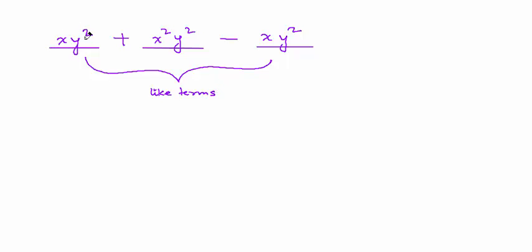On each term, the constant number that is multiplied with the variables is called the coefficient of that variable or that term. So if we have a 2 here with a negative sign before it, we would say the coefficient of xy square on this term is negative 2. Similarly, if we have a 3 here, we would say the coefficient of x square y square is positive 3.